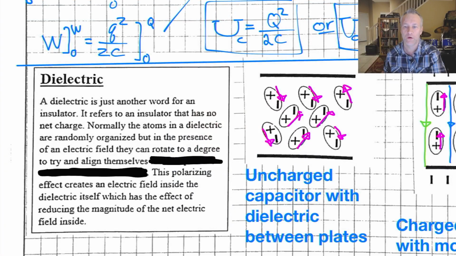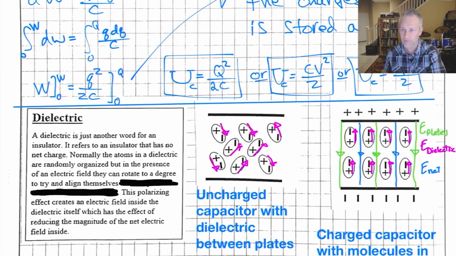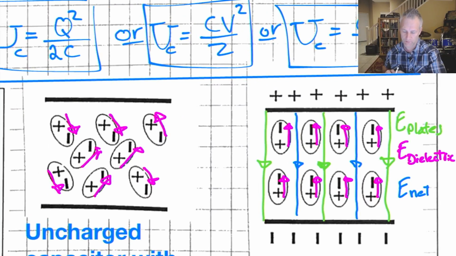So when we put a charge on our capacitor, we're going to get the electric field from the plates pointing down. This would be the original electric field from the plates pointing down. We're going to have the little tiny electric fields from the slightly rotated molecules pointing up in opposition to the downward field from the plates.